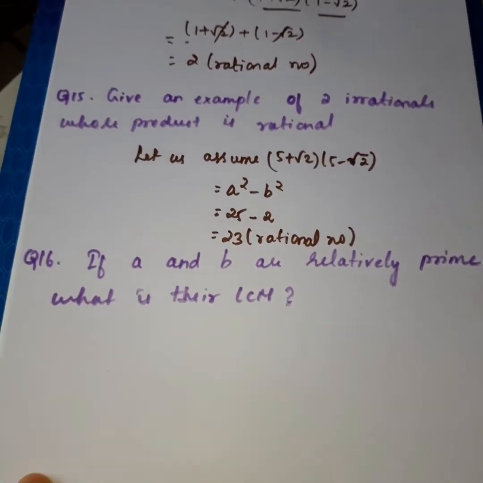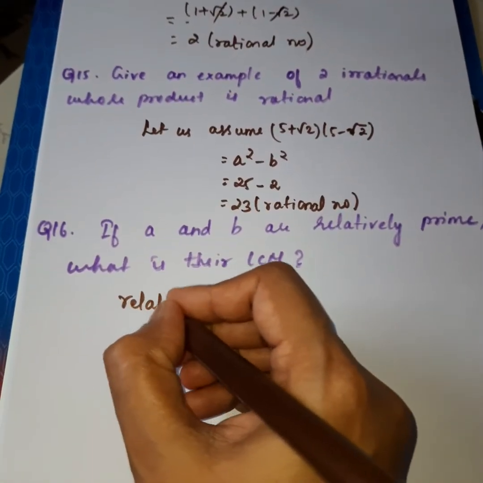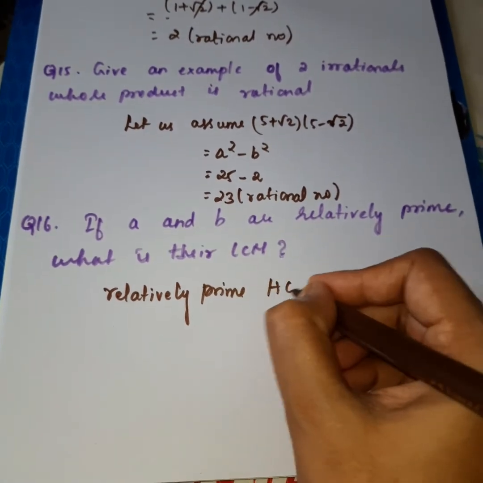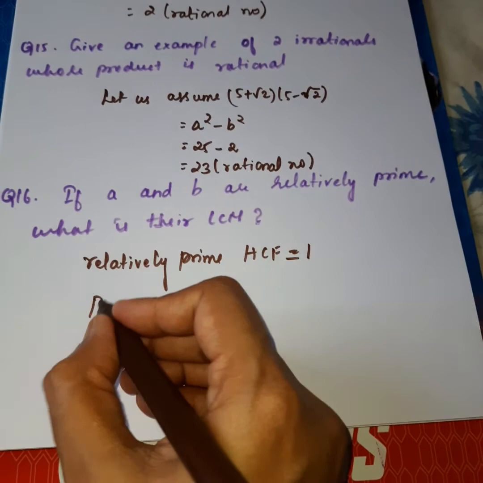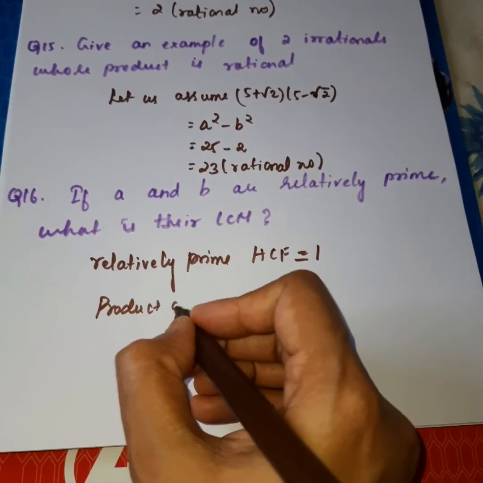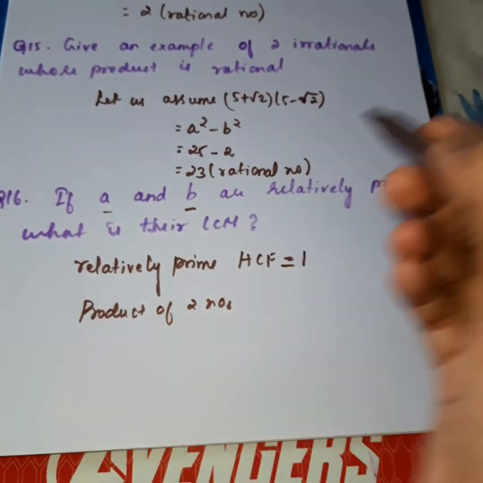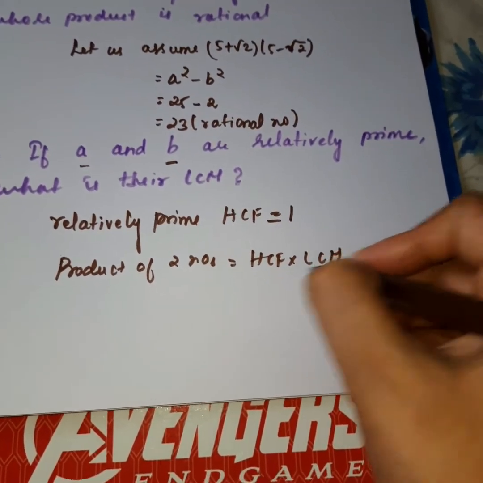Question 16, if a and b are prime, what is their LCM? From the given question, HCF is 1 for prime numbers, we already know. And also we know the product of two numbers equals HCF into LCM, and HCF is already 1.